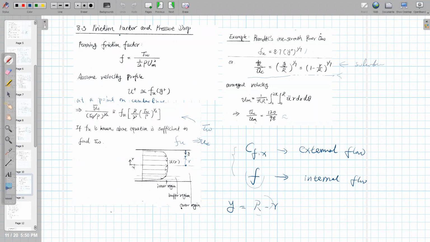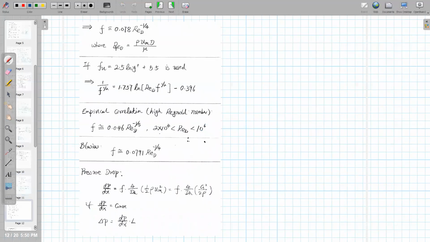After you get the u profile, you compute mu times partial u partial r at r equal to R, the wall, and you get tau W. After you get tau W, you divide it by 1 over 2 rho Um squared. From this velocity profile, you can calculate what the friction factor will be. The friction factor in this case will be 0.078 Reynolds number to the power minus 1 over 4.